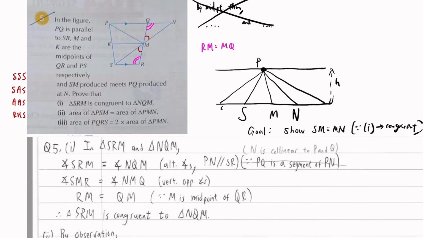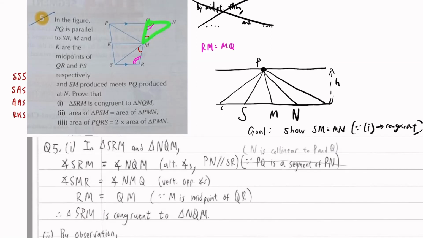Let me think a bit. Can't remember how I solved it. Triangle PQM is a common area. Maybe QMN and PKM, to prove that they are congruent. Which QMN and which one?